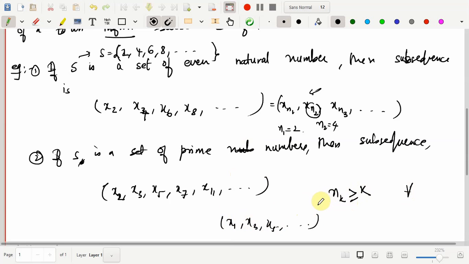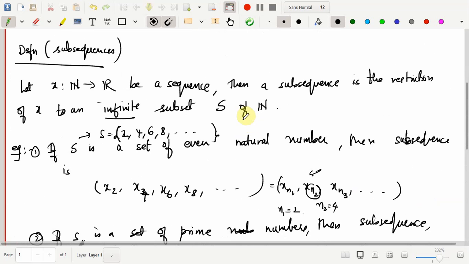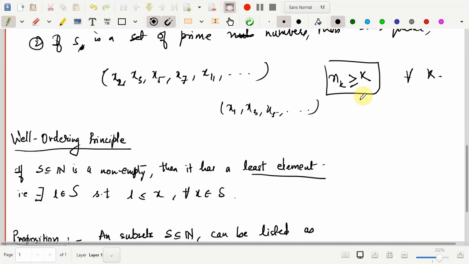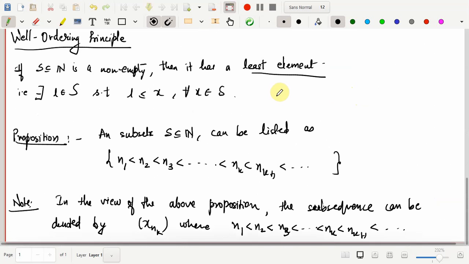So it might be equal, but nk will never be less than k for any k. You can observe this through the various examples we have produced so far. Therefore nk will always be greater than or equal to k in the subsequence, if you compare it to the given sequence.